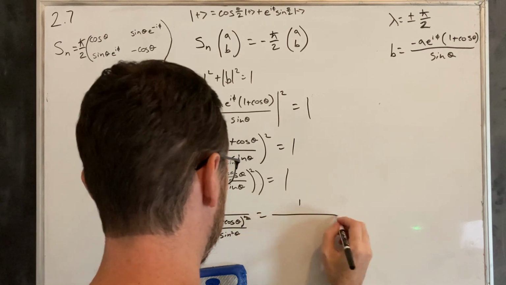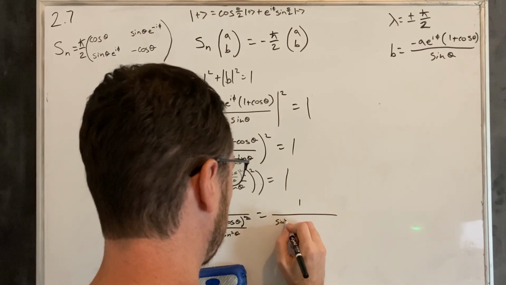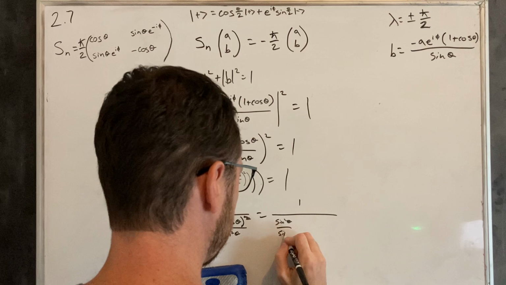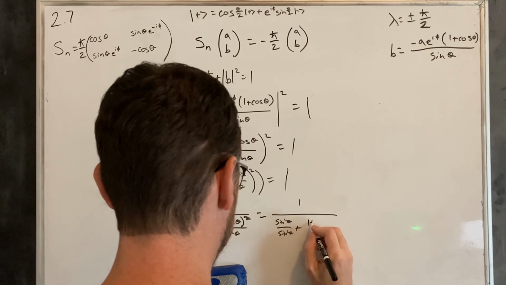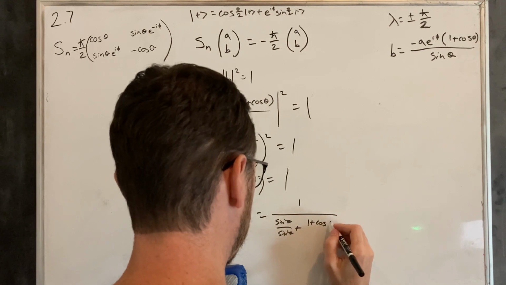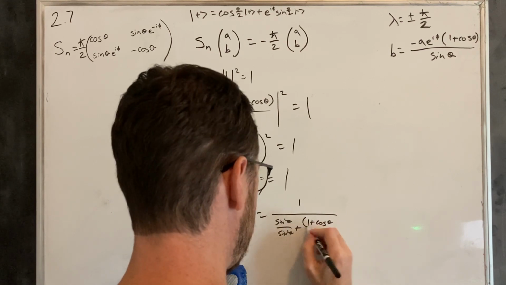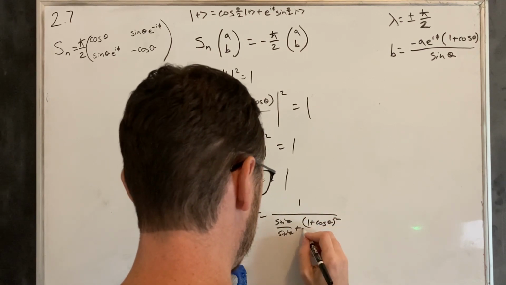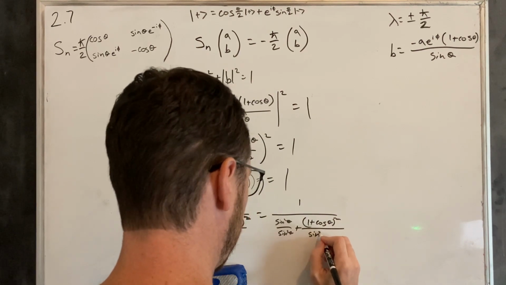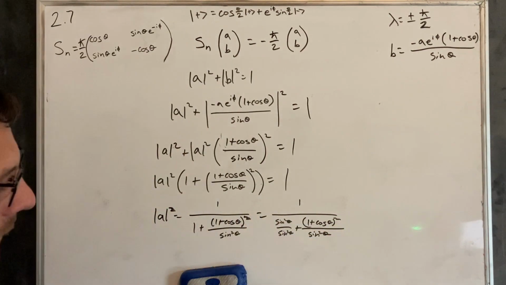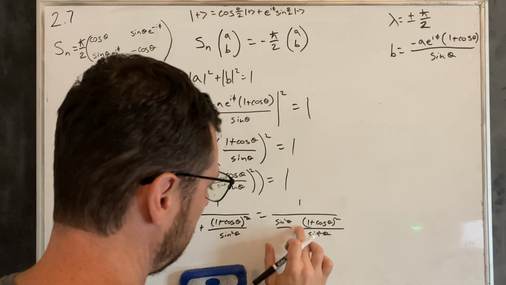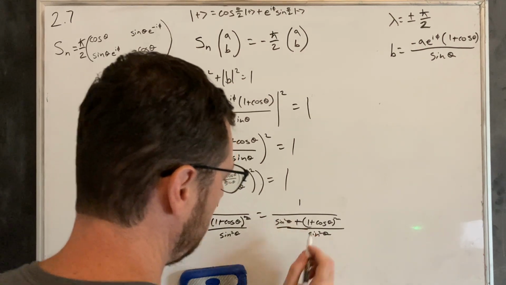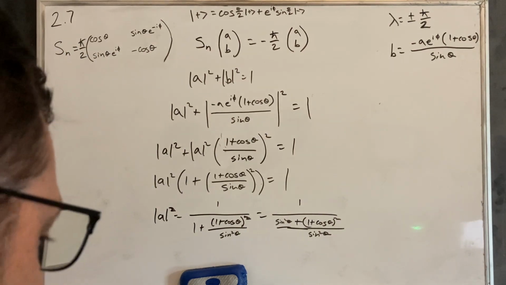So we have 1 over sine squared theta over sine squared theta plus 1 plus cosine theta squared over sine squared theta. So because we have the common denominator, we can combine this into one fraction here. Boom.